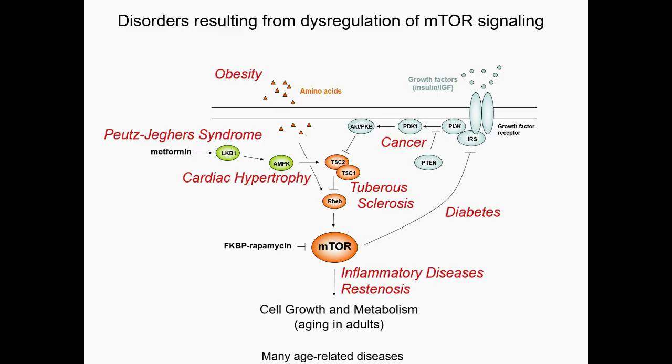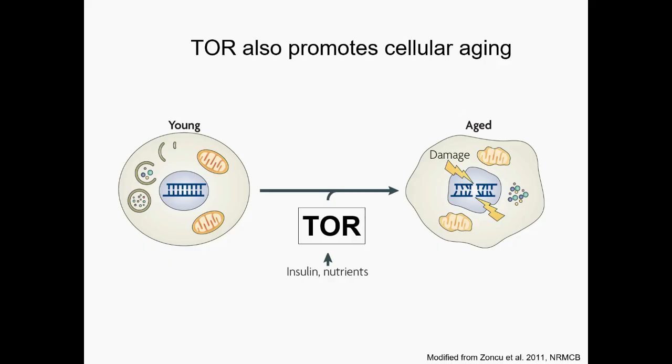It controls aging of individual cells. So if here we have a young cell, active mTOR signaling can lead to the aging of this cell. And not only does it lead to aging of individual cells, it can lead to aging of entire organisms, and this has been now shown in yeast, in worms, and in flies.